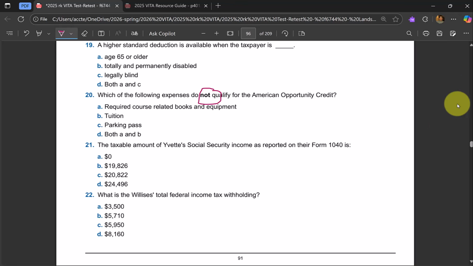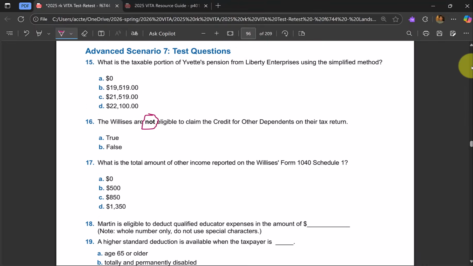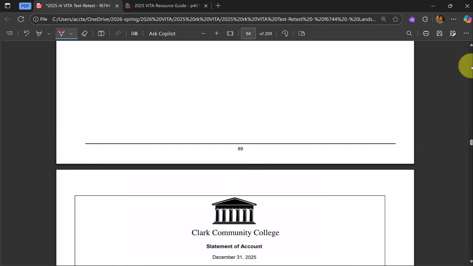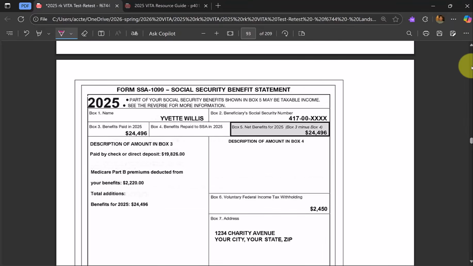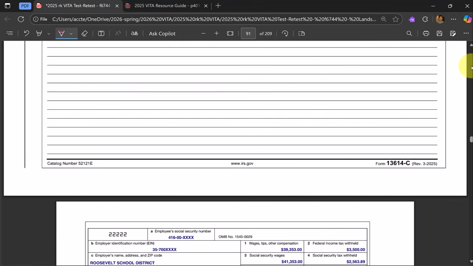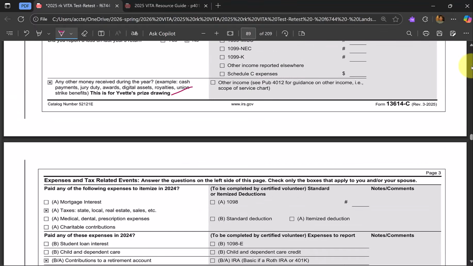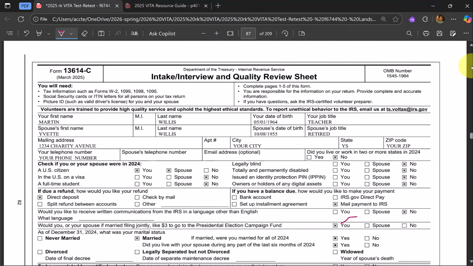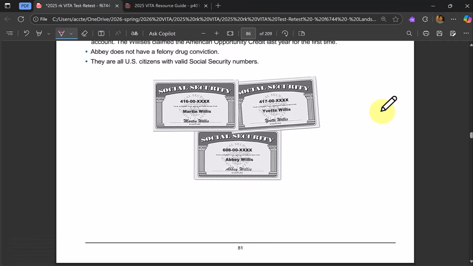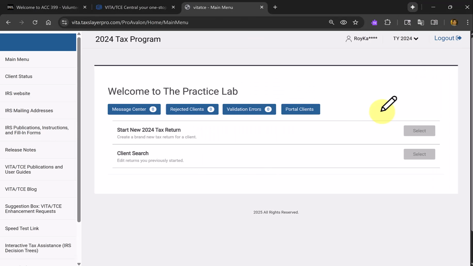Okay, let's get started with entering it into the software. Let's go back to the beginning here. I'll start off with the Social Security cards. And let's take a look at the tax layer.